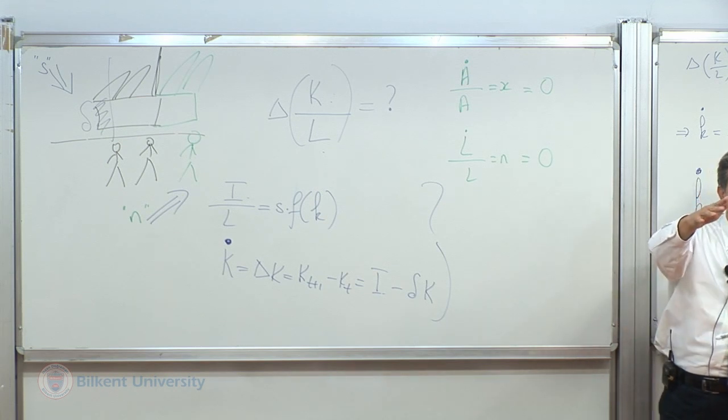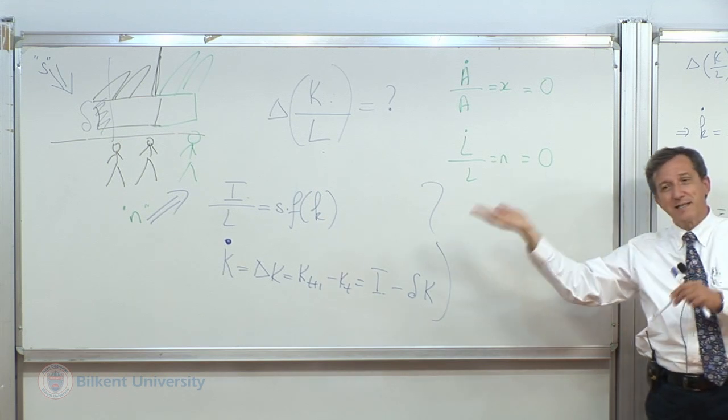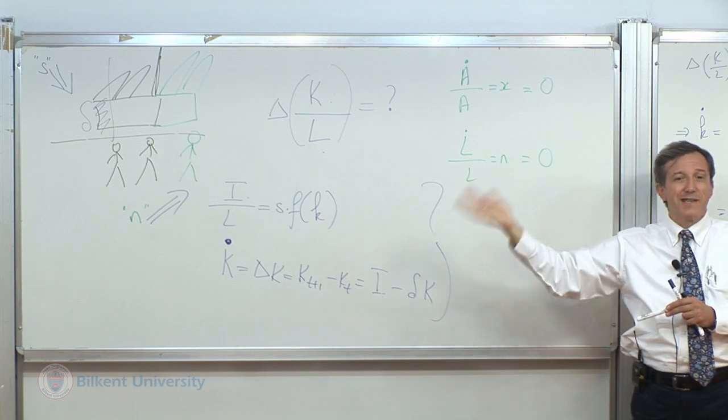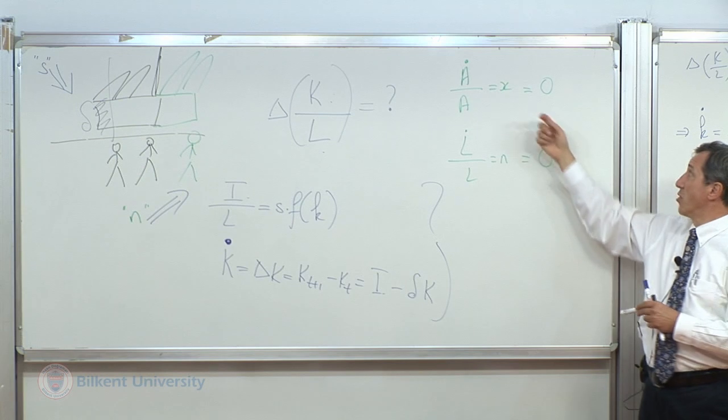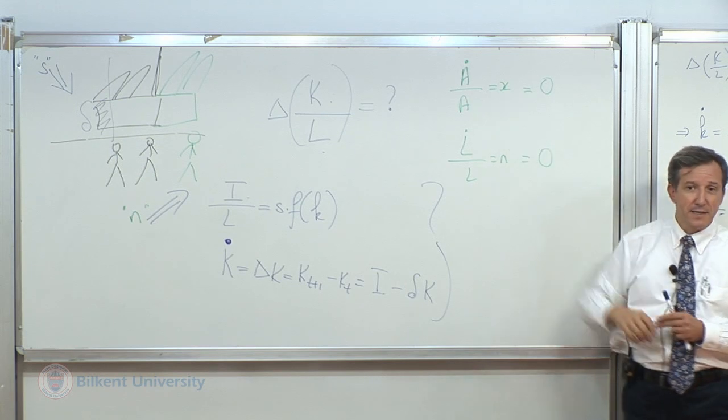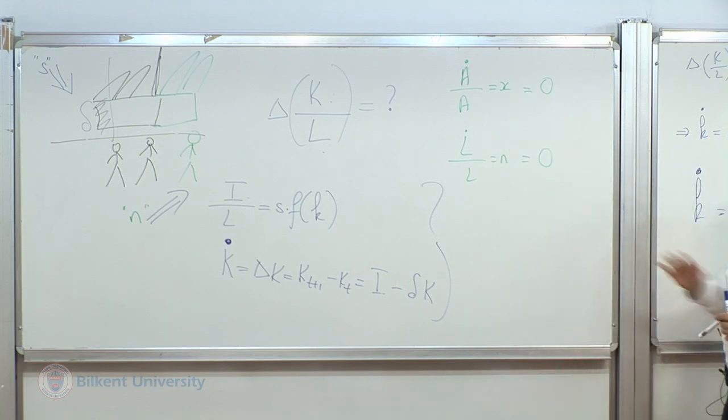Nordhaus is mostly on climate, but he's also a general equilibrium modeler. But Romer is mostly interested in precisely this. Until then, I'm just going to assume them away.